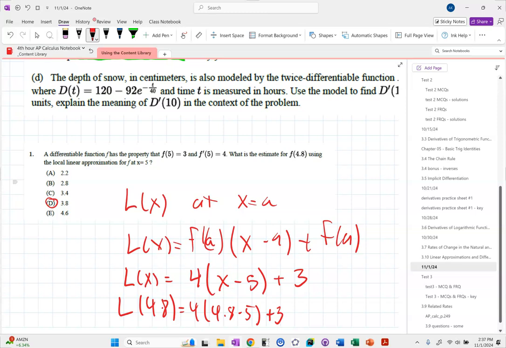I don't think I have any limits on here, but on the AP exam you'll still have limits, and they could creep up. You probably need your tangent line equation, but it's just the equation of a line: y minus y1 equals m times x minus x1, where m is just the derivative.